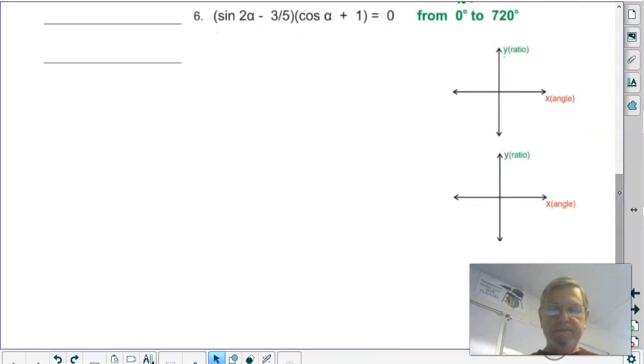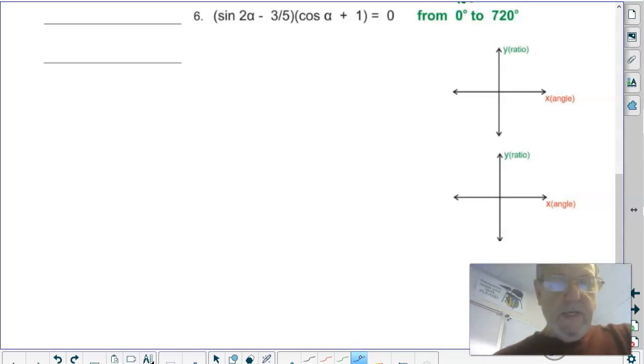So last one, we've got 2 things multiplied. Now, this one's set up well because it equals 0. If it didn't equal 0, we wouldn't be able to solve this, not straight up and easily. But this is akin to a quadratic equation. So let me show you what I mean.